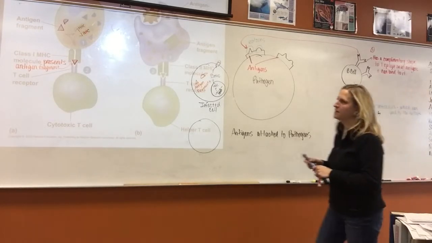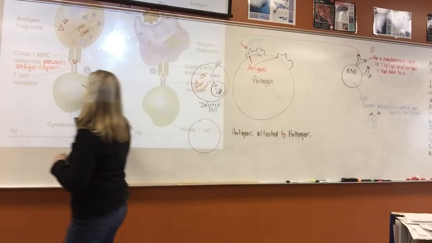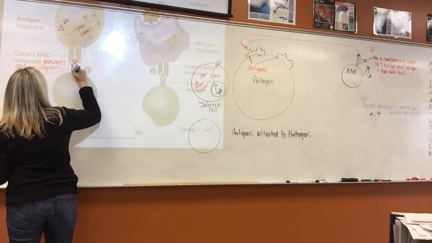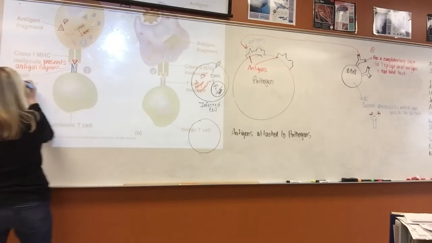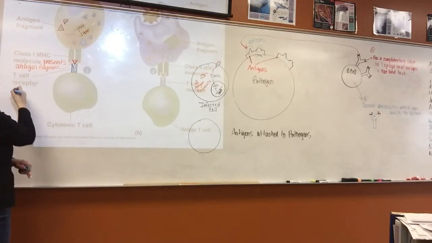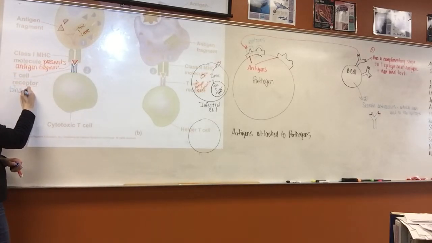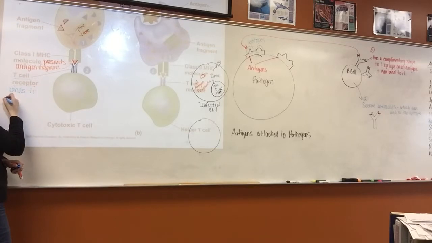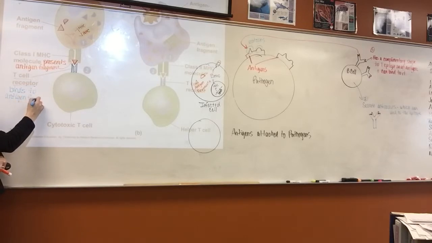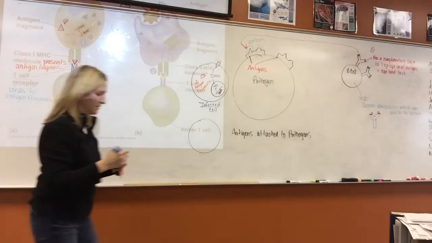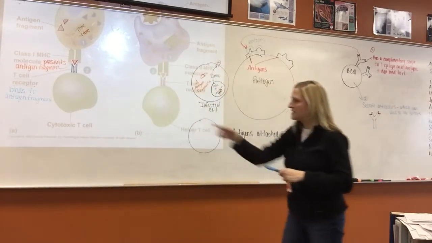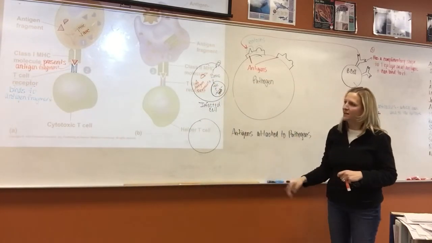The cytotoxic T cell also has a receptor. These are the two parts of this receptor. The T cell receptor binds to the antigen fragment, and that activates the cytotoxic T cell.